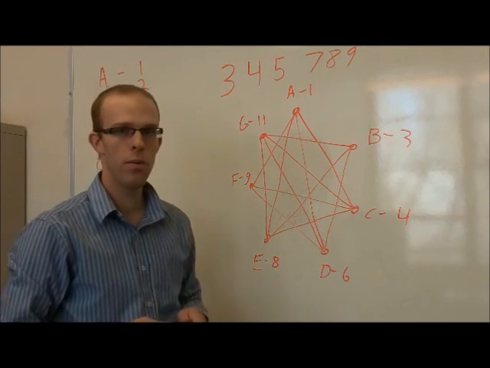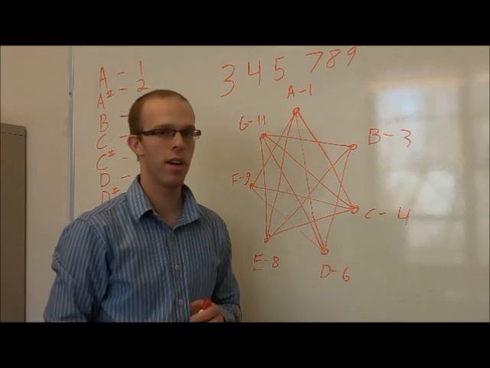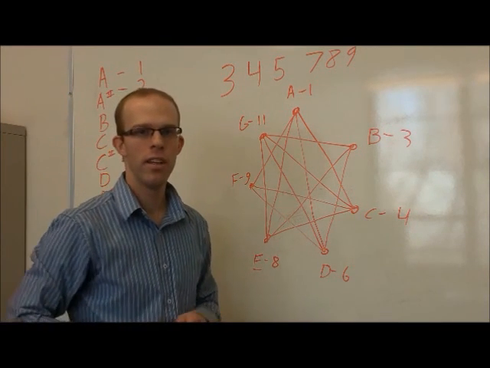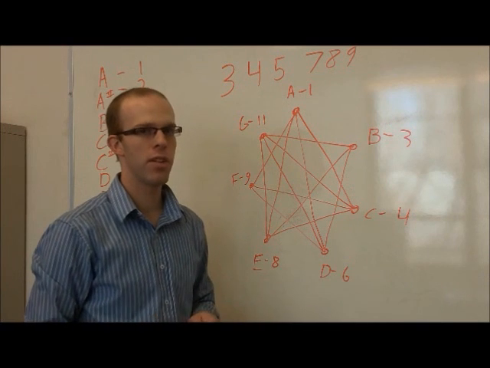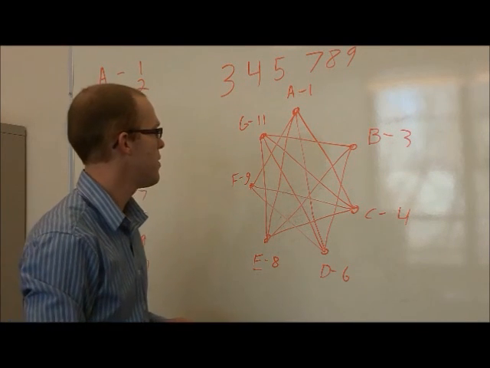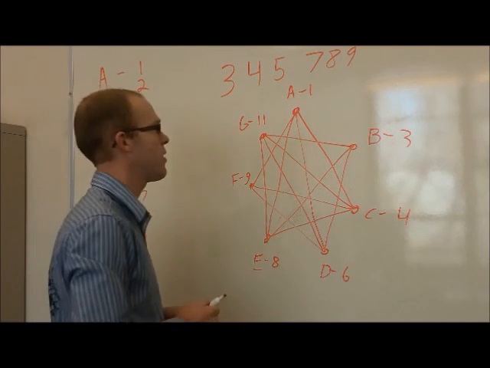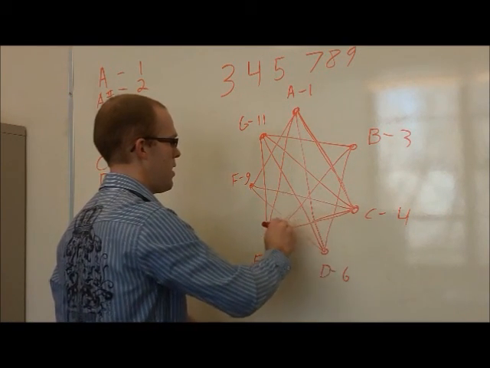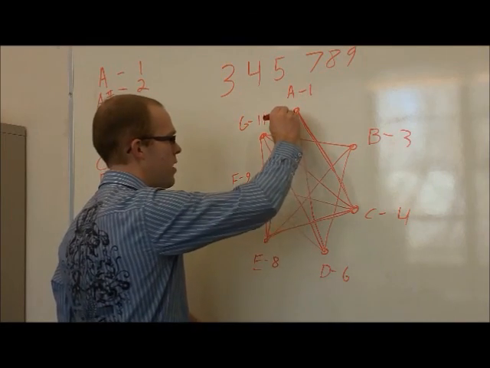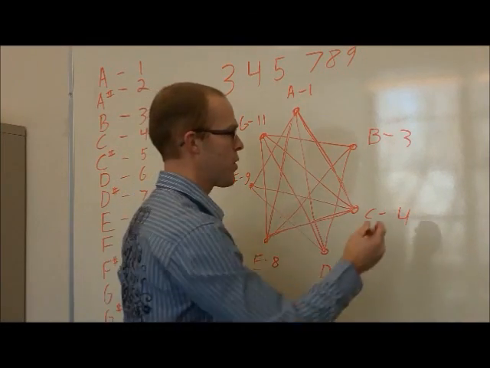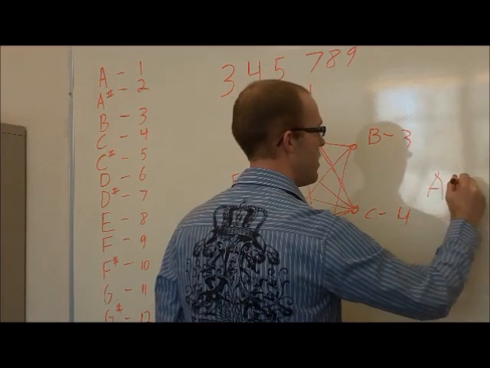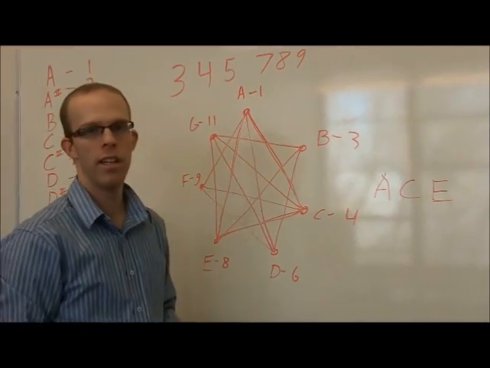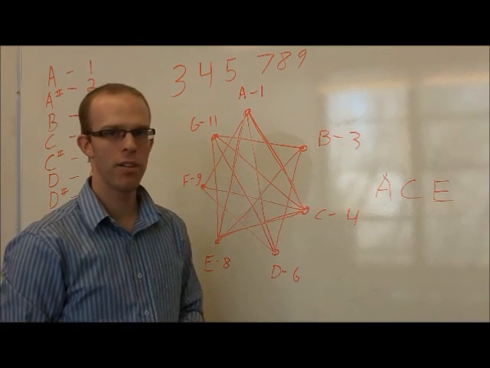Now, what we need to do to figure out what chords are available is simply to look at this picture and find a triangle. Any triangle in the picture represents a harmonic chord. So, for example, we can take a look at our notes A to C and E. That creates a completed triangle. So A, C, and E, we now see from our picture, is a harmonic chord in our A minor scale.